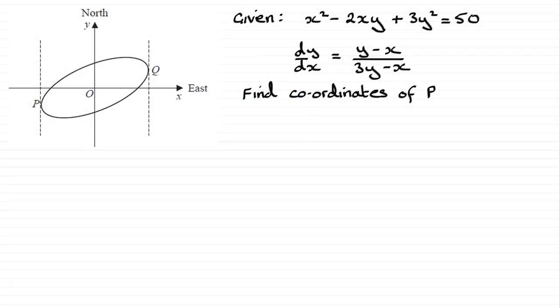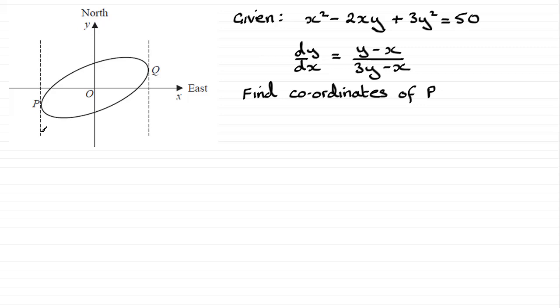Now for this next part, we're told that for this curve, x squared minus 2xy plus 3y squared equals 50, the points P and Q are furthest west and furthest east, respectively. We've already established the gradient in the previous part for any point on this curve, and we've got to find the coordinates of this point P. The gradient at this point P, you can see the tangent is vertical.